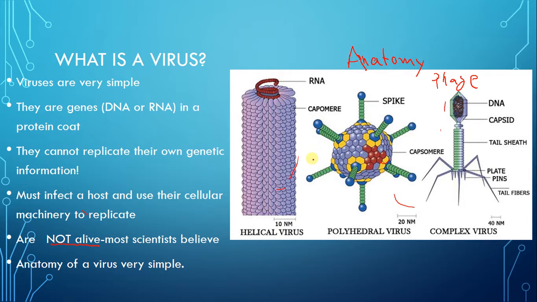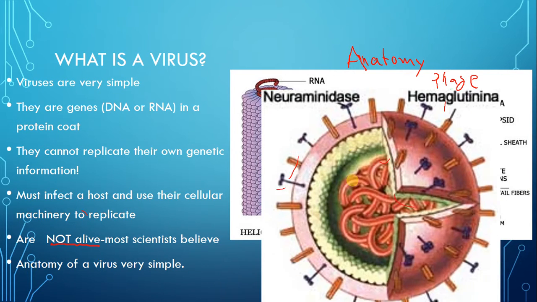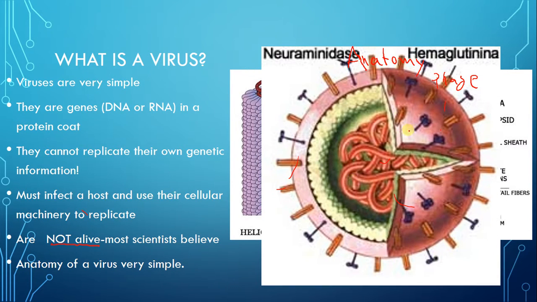Viruses also can have these surface receptors, glycoproteins on the outside, and you probably actually heard of them, strangely enough. A lot of viruses, like the flu virus, have 2 different kinds of surface receptors they use to glom on to different cells and infect them. And they're called neuraminidase and hemagglutinin.